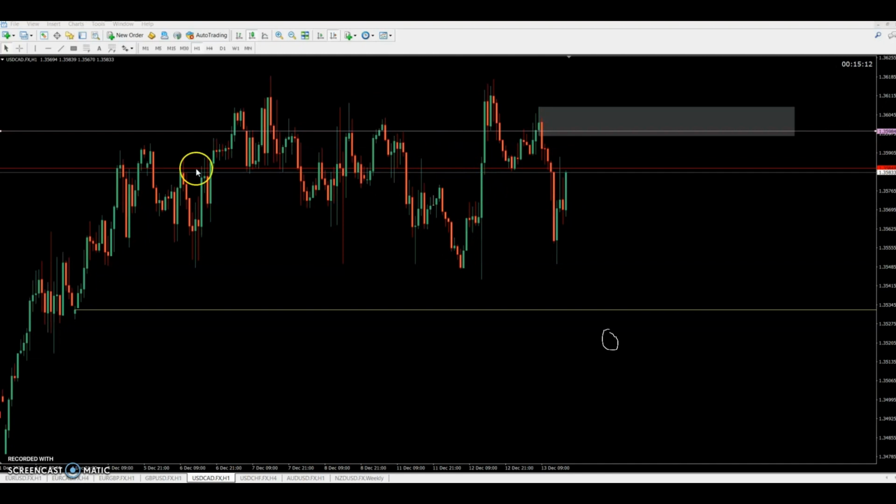Guys, there's something I want you to understand real quick. When we talk about market structure, and let me see, yep, I got the right color. Typically when we talk about market structure, this would be previous highs: higher high, higher low, higher high, higher low, when the market is moving upward, right?